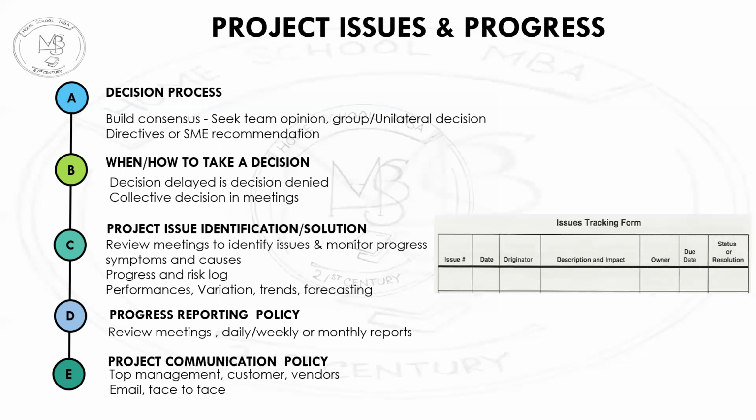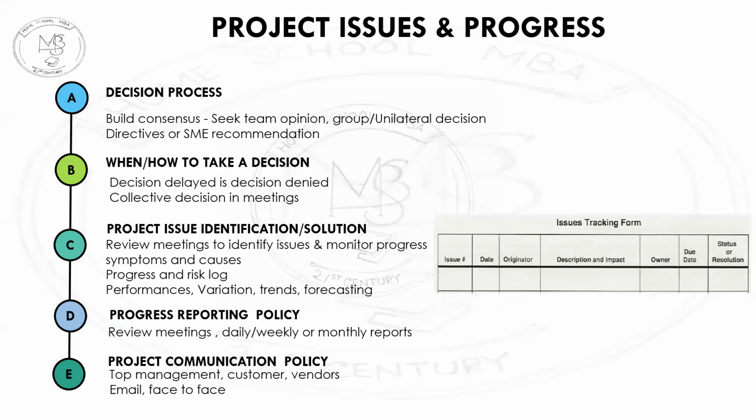What it means is that whatever decision you take, that must be a collective decision rather than an individual decision, and involve the opinion of the team on how, when, and where to solve this problem, or the group opinion. No unilateral decision is recommended in this.